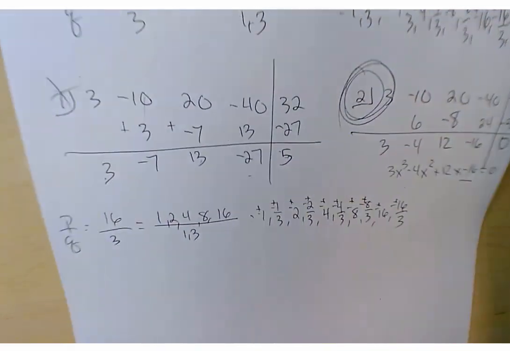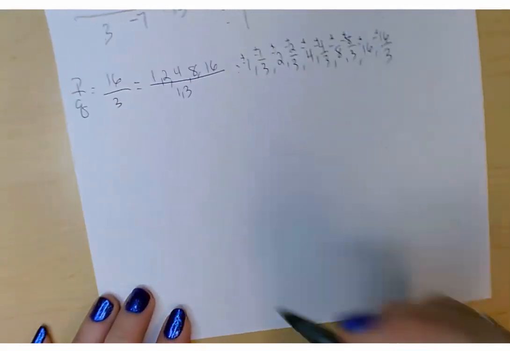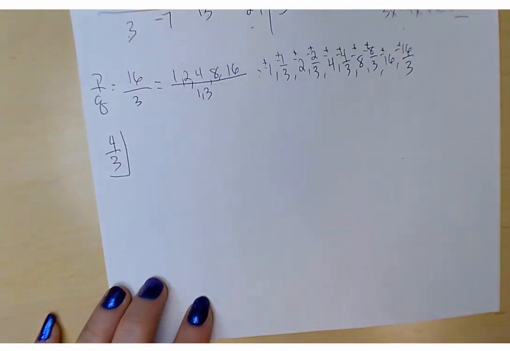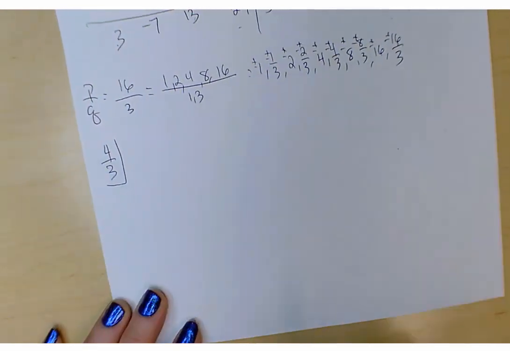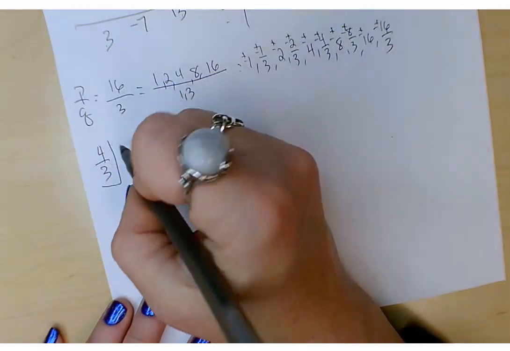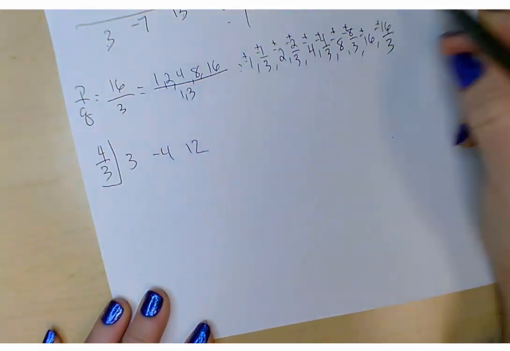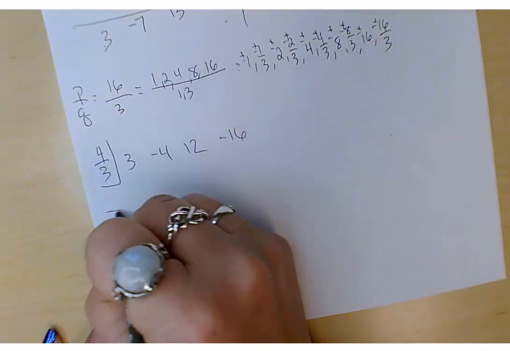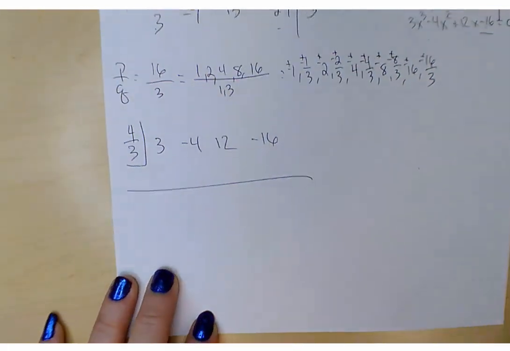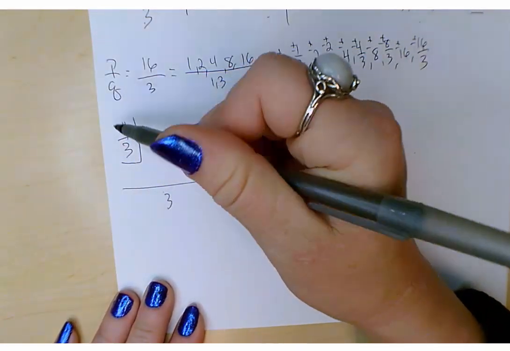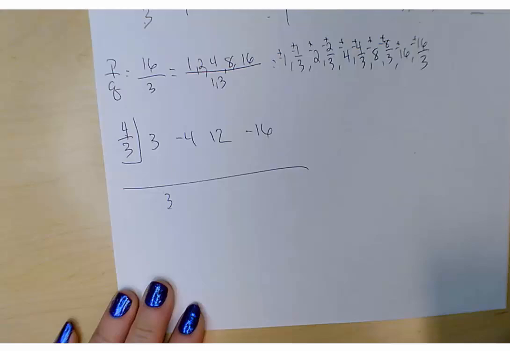Now, because this is quite a long list, I am going to help us along here just a little bit. Let's just say I'm going to start with 4/3. And let's try that number here, which means the numbers that we are testing are a 3, a -4, a 12, and a -16. Let's do synthetic division here. Dropping down to 3. So 4/3 times 3, throw that in the calculator.